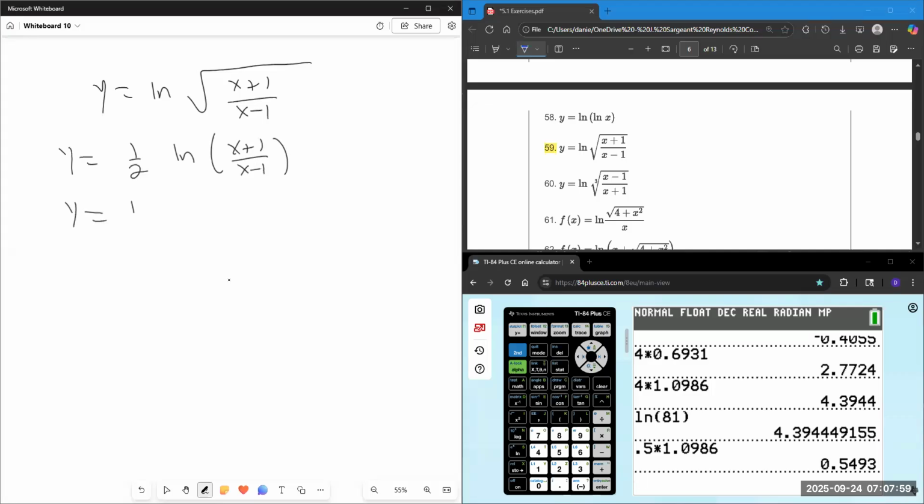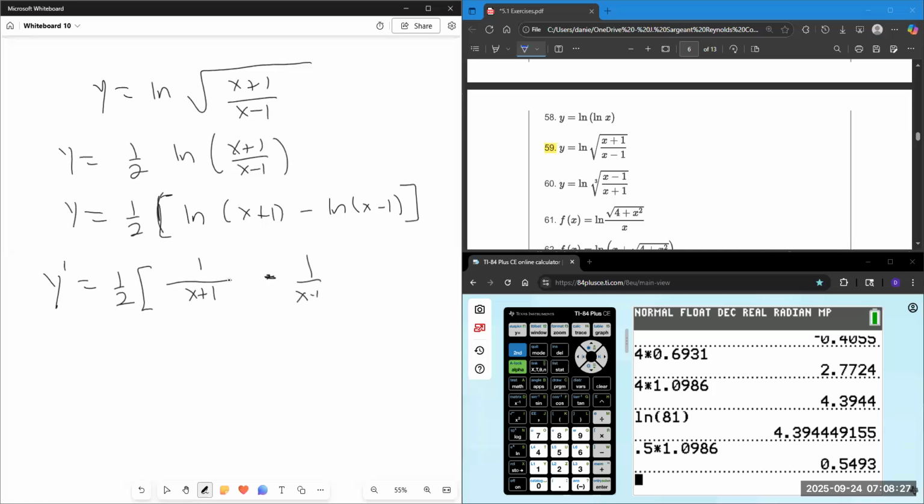Y is equal to 1/2 of ln of x plus 1 minus ln of x minus 1. And I can leave that with the 1/2 out front. Y prime is 1/2 of 1 over x plus 1 minus 1 over x minus 1.